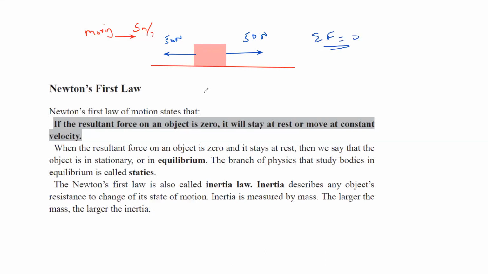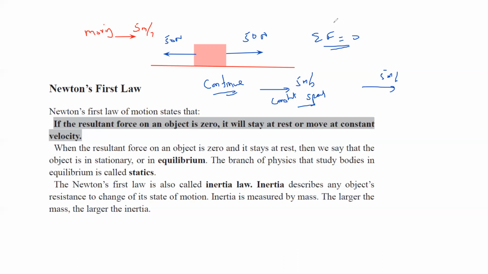So this object will continue to move with a constant speed, the same speed of 5 meters per second, unless an unbalanced force acts on it. So Newton's first law states that if the resultant force on the object is 0, it will remain at rest, or if it's a moving object, it will move at a constant velocity. And this first law is also known as the law of inertia.